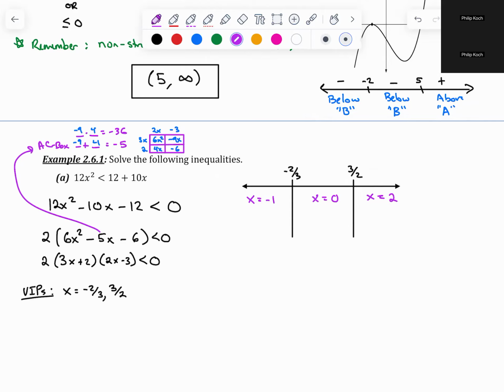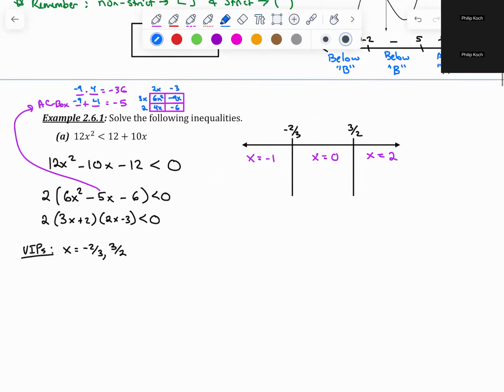This time I'm going to color code it one more time so we can see it in action. I'm going to highlight them this time. 2 is a positive number, so it does not play a role at all. Multiplying by positive numbers never changes the sign. So the 2 doesn't really do anything for us.